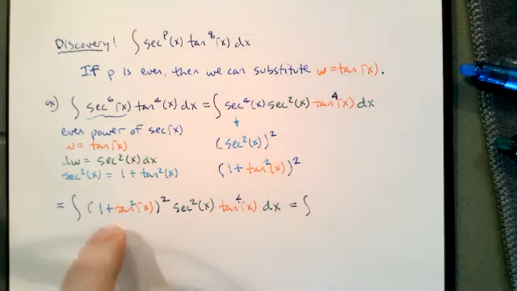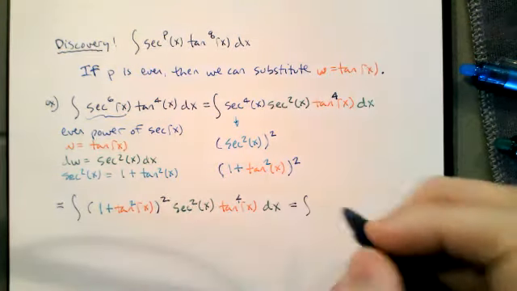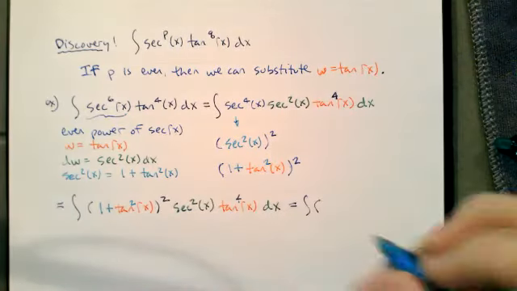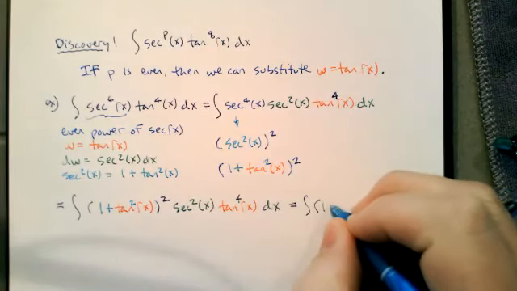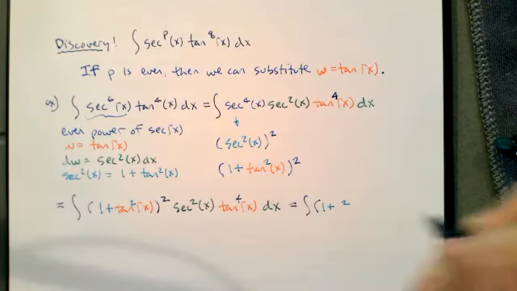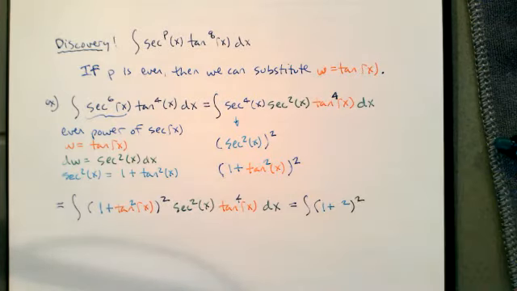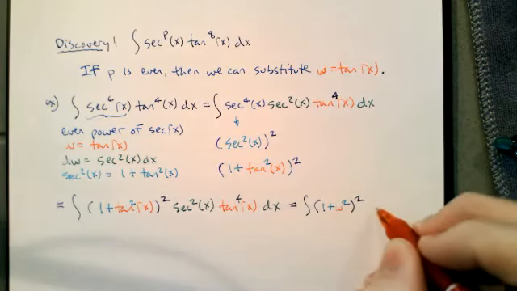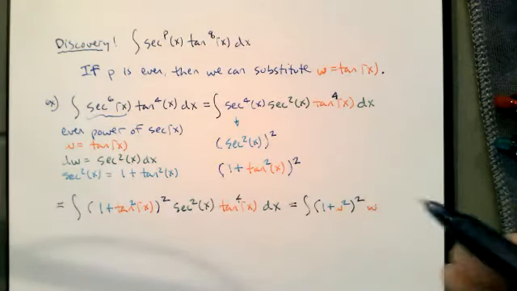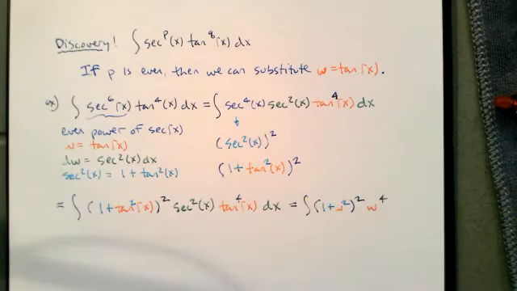So I have the integral of (1 plus w squared) squared times w to the 4th dw.